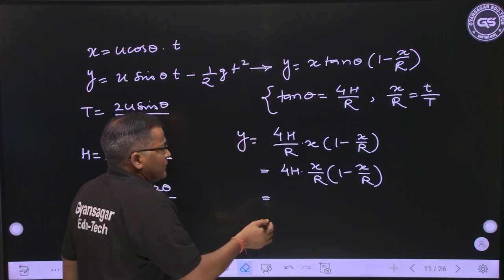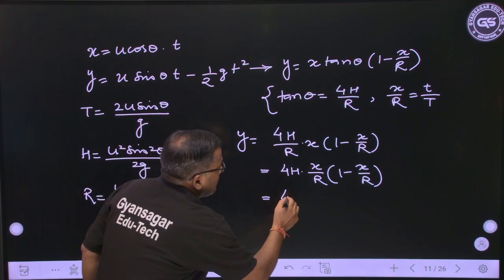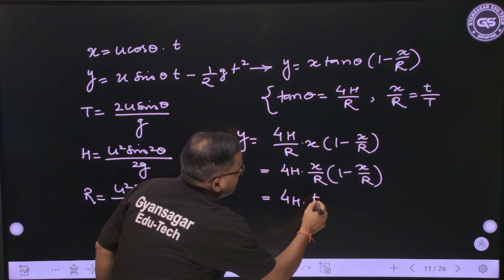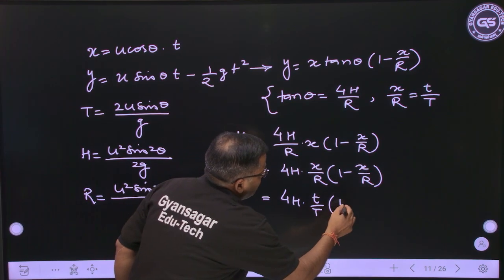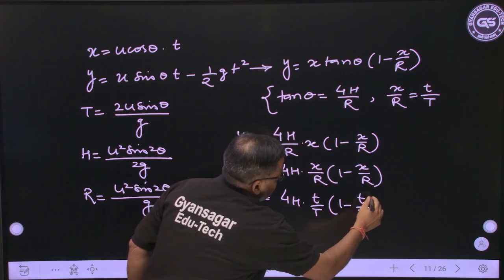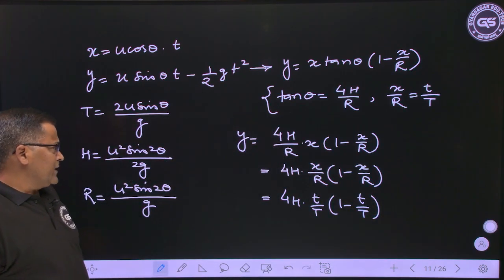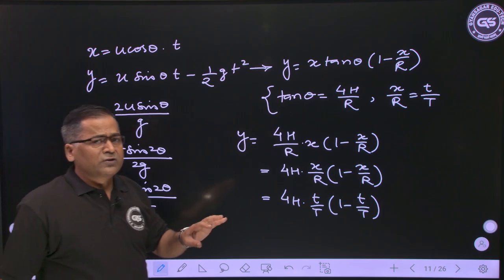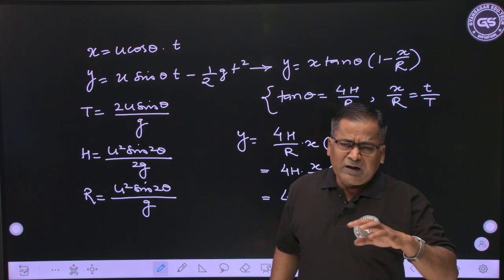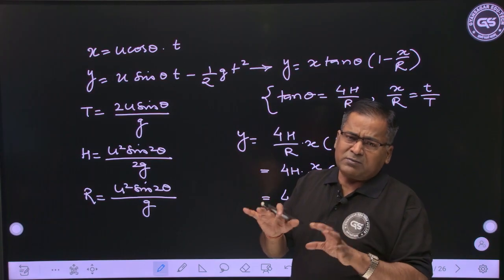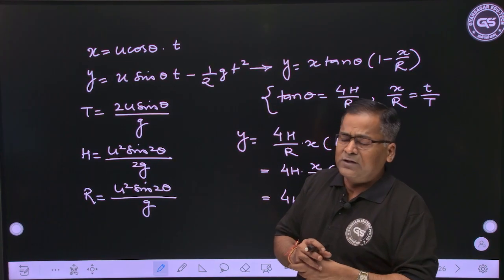So y equal to 4h t by T into 1 minus t by T. So these are all the formulae as far as this projectile motion is concerned, and it will cover all possible questions up until JEE advanced level.